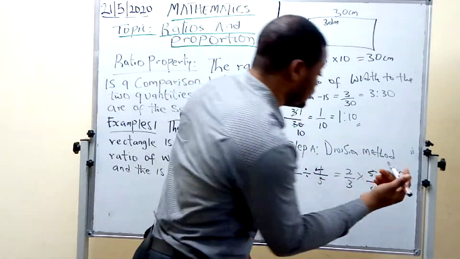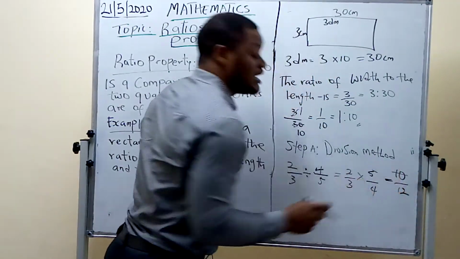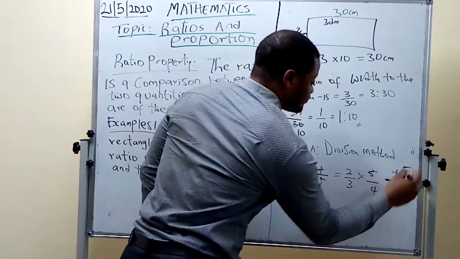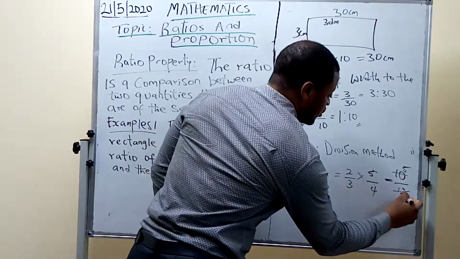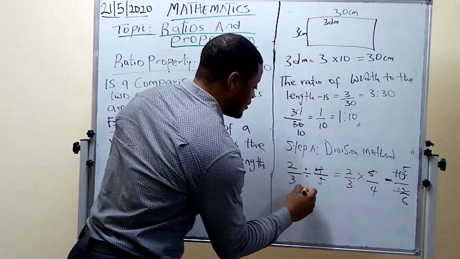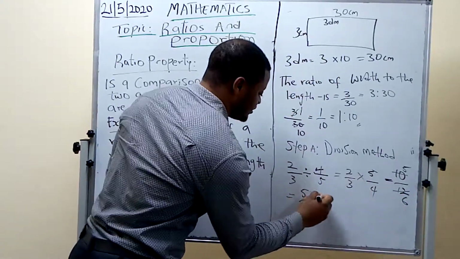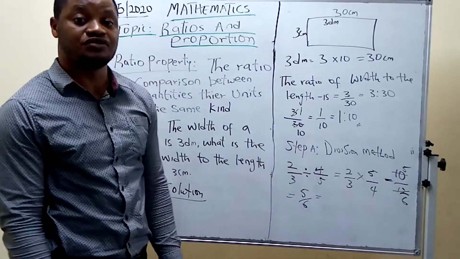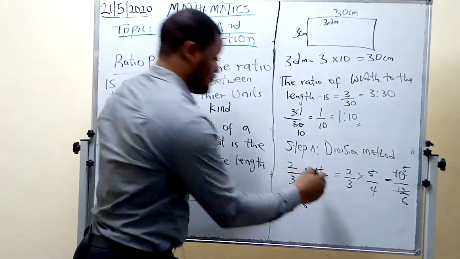So you start with 2. 10 divided by 2 is 5. 12 divided by 2 is 6. Then we have 5/6.